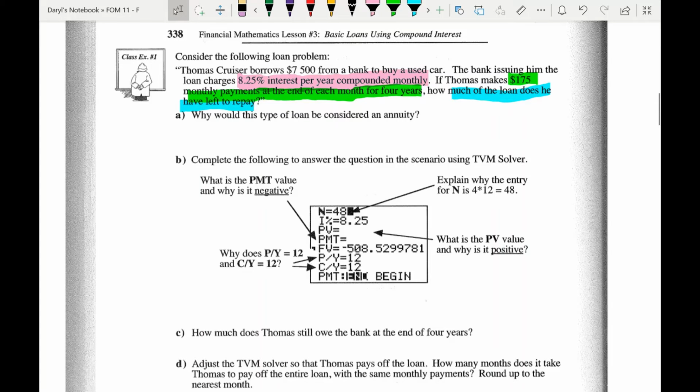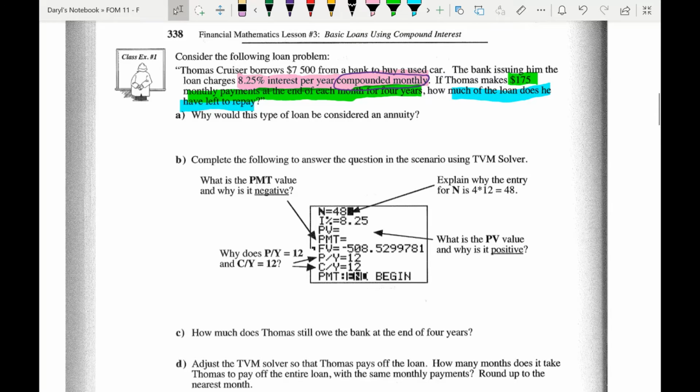Again, the interest rate is 8.25%, compounded monthly, and the regular monthly payment is 175, made at the end of each month.